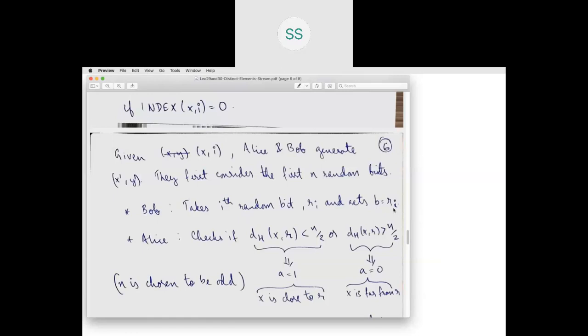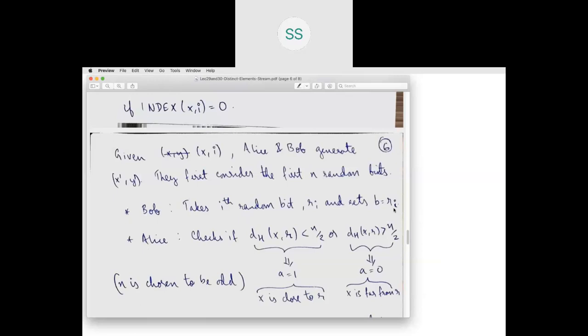In some sense, they are both going to treat the first n random bits as the input. So Bob is going to treat the n random bits as Alice's input. The answer is xi, but since he doesn't have access to x, he's going to pick ri.